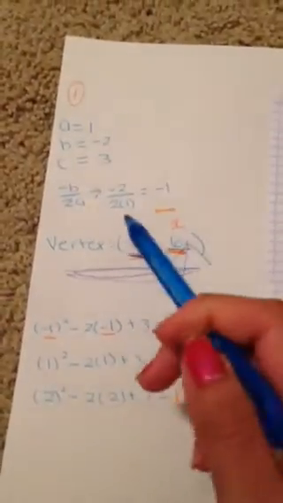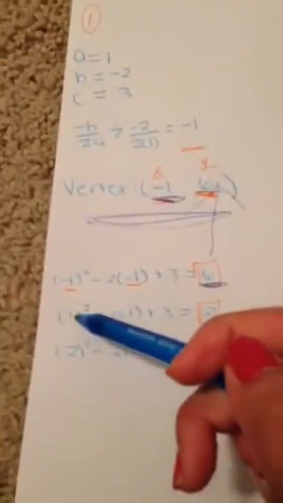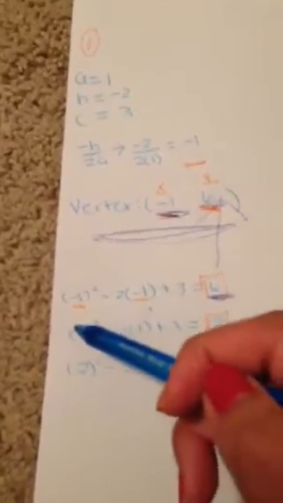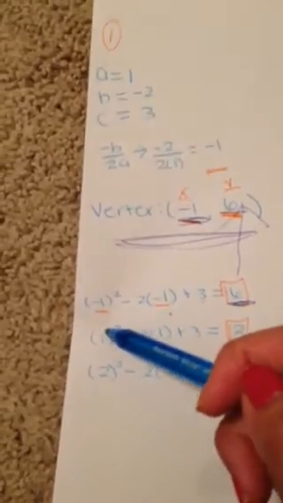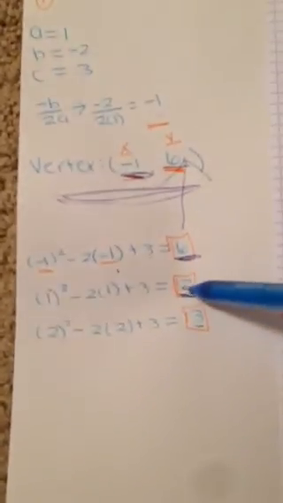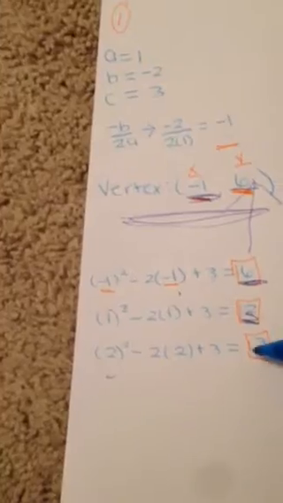Once you have the vertex, everything is pretty much smooth sailing, so you can just plug in again. If you want to find when x is 1, what is y? 2. When x is 2, what is y? It's 3. So you make your XY chart over here with your plots, and you just block it off. I'm so sorry, I'm not good at drawing.